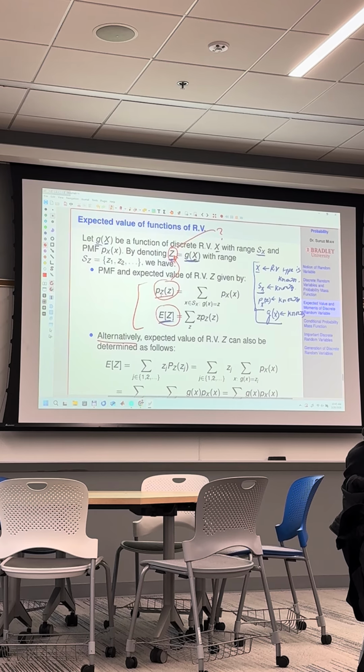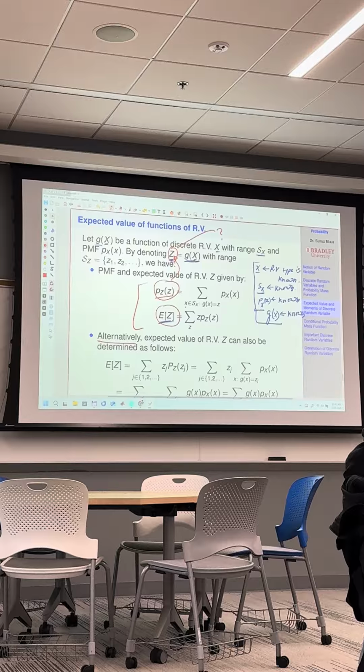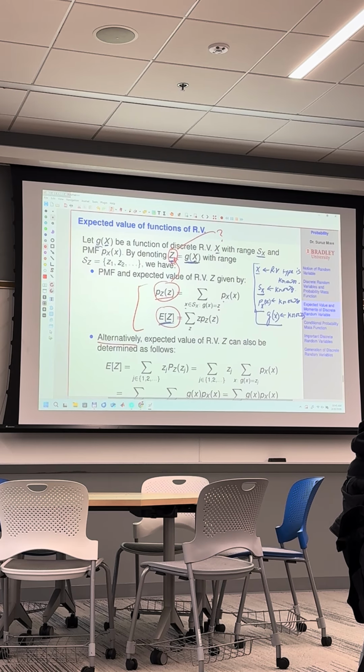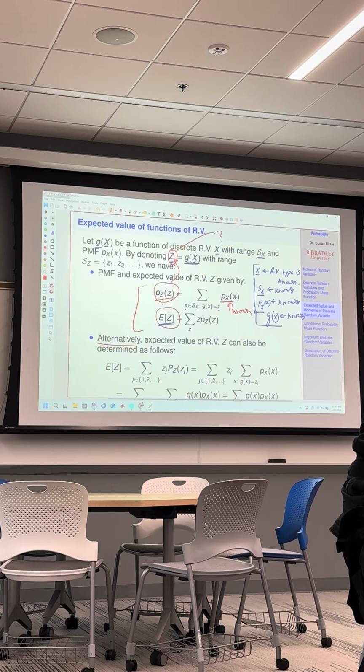To determine the PMF of Z, you take each value from the range of X and pass it to the function to get Z. For the same Z, you can have multiple X's from the range giving the same Z, and in that case you apply this summation. Once you know it for each Z, it's a piece of cake.